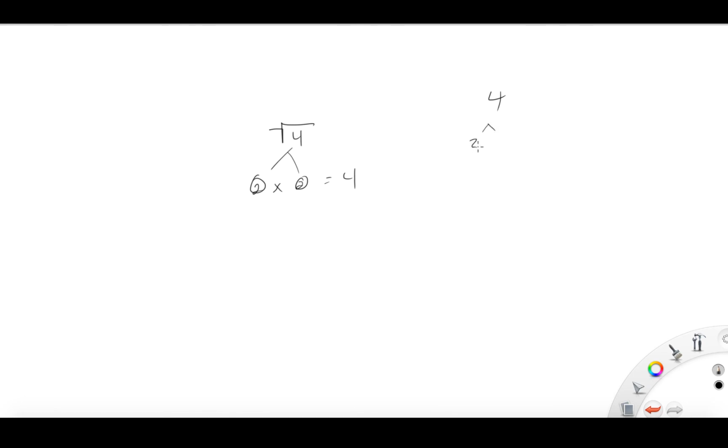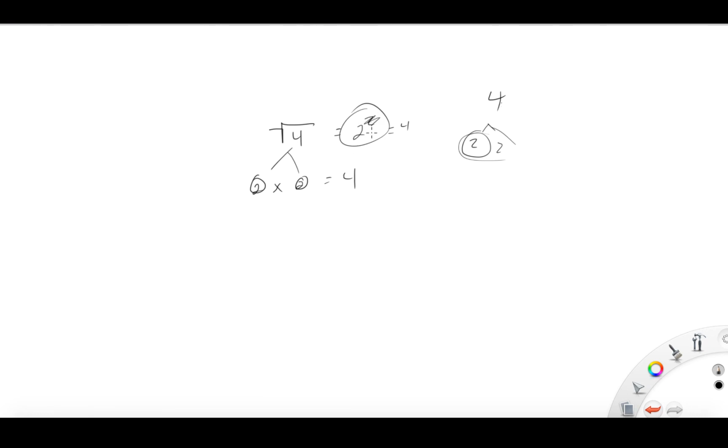If I divide 4 by 2, I get 2. And notice those two numbers create 4. So the square root of 4 is 2. In other words, I could say square root of 4 equals 2, because 2 squared also equals 4, right? So anyway, 2 is our number.